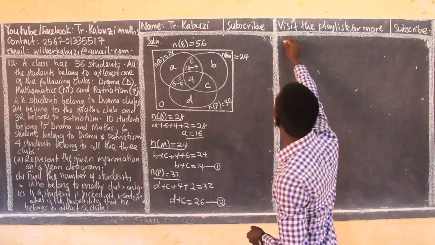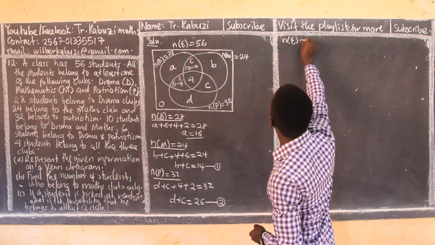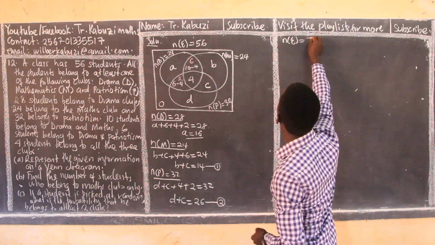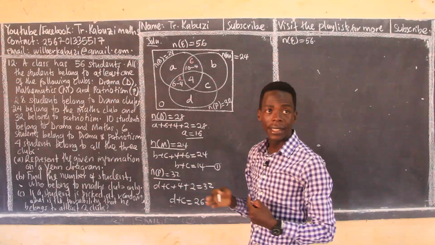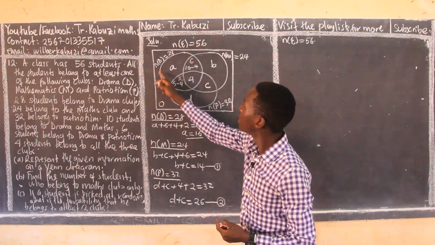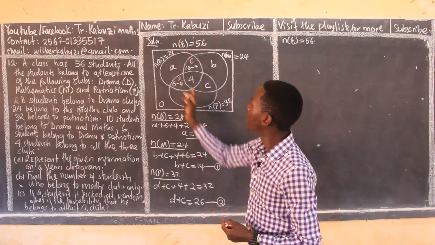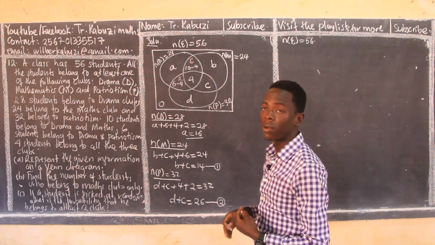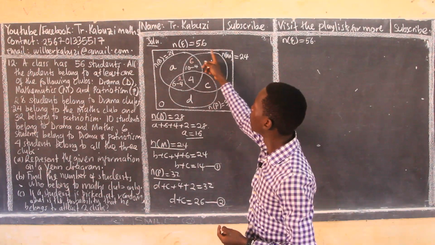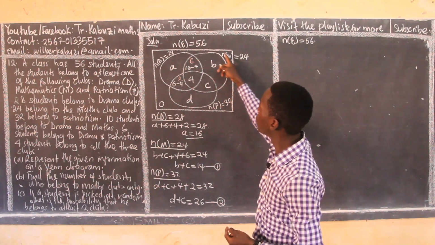So now I say the universal set, all the students here are 56. Now the easiest way to do this, you say the whole of this is what? Is 26. Or you can say the one which has many unknowns is what you consider. So you say the whole of this is 24.